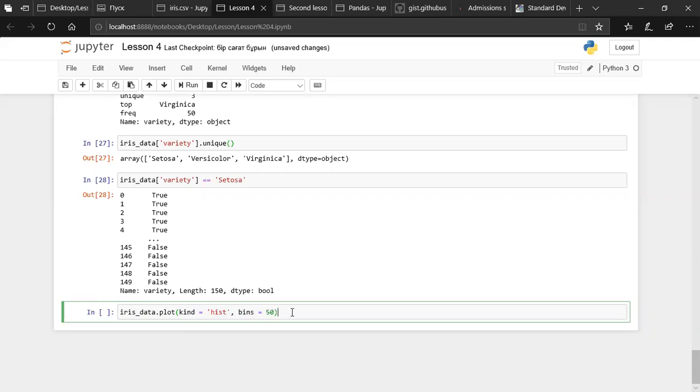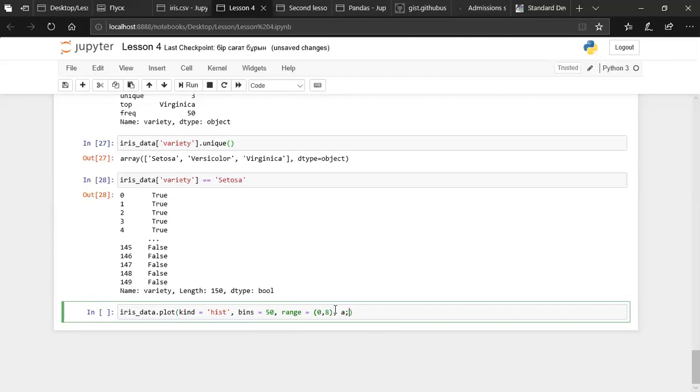And set the range from 0. So range is equal to, and just brackets. Yeah, and your range 0 and 8, let's say 8. Yeah, and your next argument will be alpha.